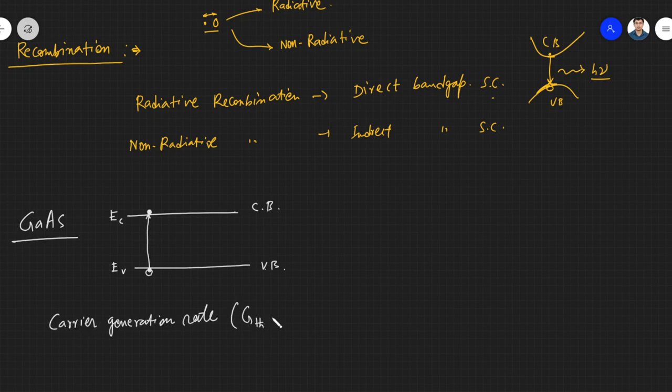Now if you consider the rate of this process, we define one parameter called carrier generation rate, GTH, because we are talking about thermal equilibrium. So at thermal equilibrium, some electrons will break the covalent bond and reach the conduction band, and create a hole in the valence band, right? Also the opposite process takes place at the same time. Some of the electrons again recombine with the holes.